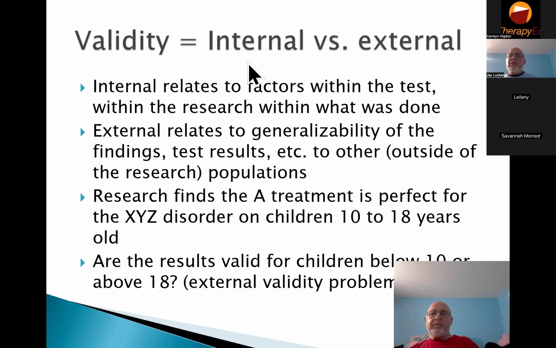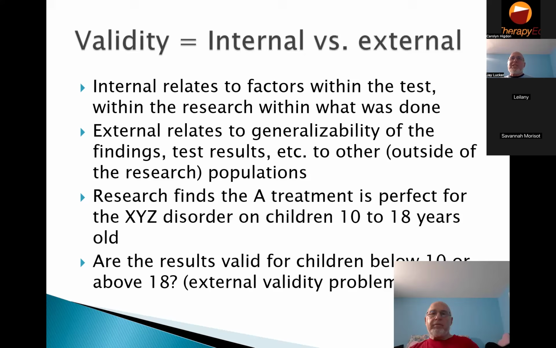Okay, validity internal within the study. That's internal validity. External: can it be generalized? We used a sample of children 6 years of age. Conclusion: this therapy is appropriate for elementary school children. I'm sorry, you used only 6-year-olds. I hope you'd say that internally it was fine with those and it was truly valid with those subjects, but externally, it doesn't tell me anything about younger children like preschoolers, 3-year-olds, 4-year-olds, kindergartners, 5-year-olds.